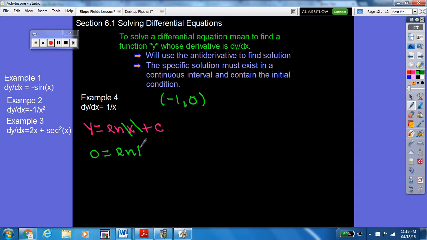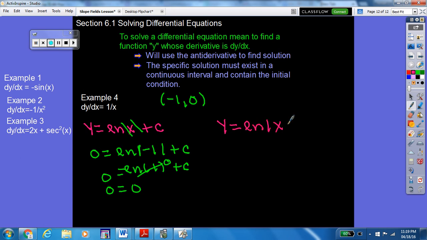I'll take the natural log of the absolute value of negative 1 plus c, and the absolute value of negative 1 is simply natural log of 1, which you should recognize as 0. And we can see here that in this case c is 0. So my solution is going to be y equals natural log of the absolute value of x plus 0, or you don't have to write it.